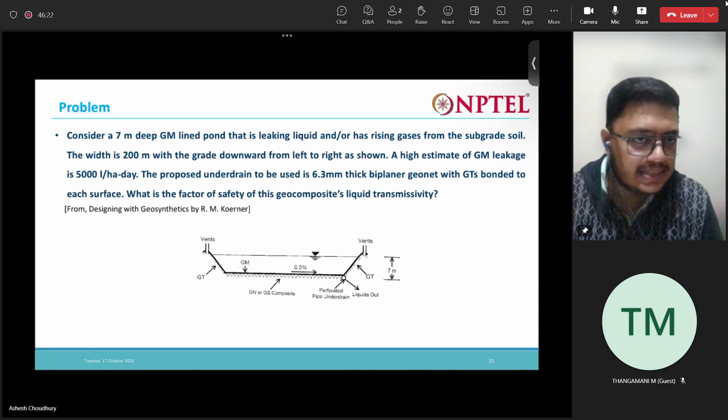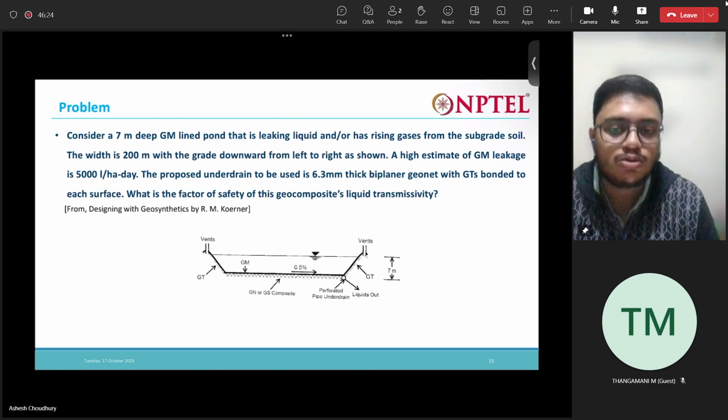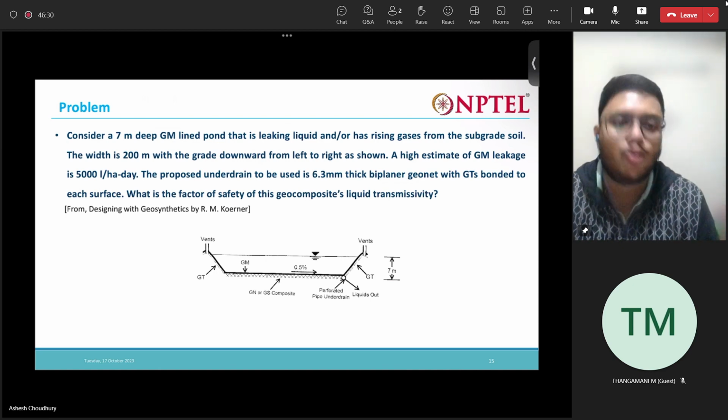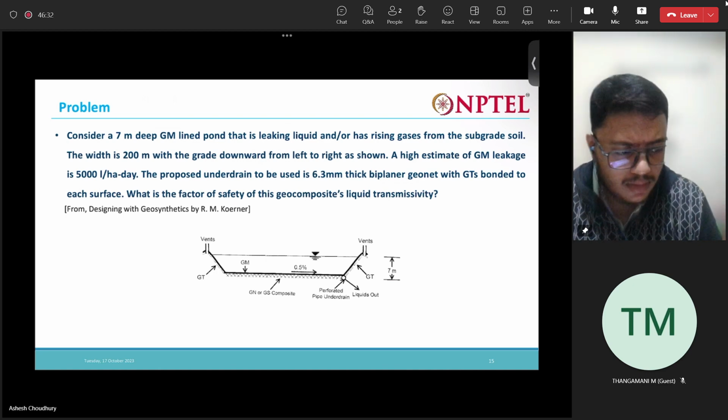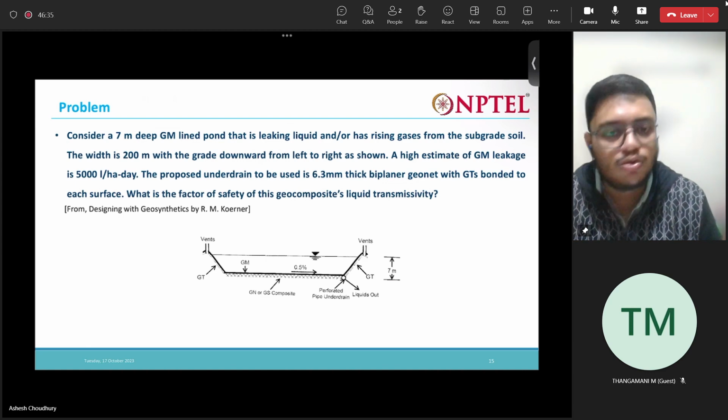So both these things can happen, or any one of these things. It can leak a liquid, or it can discharge gases, or it can do both. Generally landfill can do both also. It can leak some liquid and it can discharge some gases.